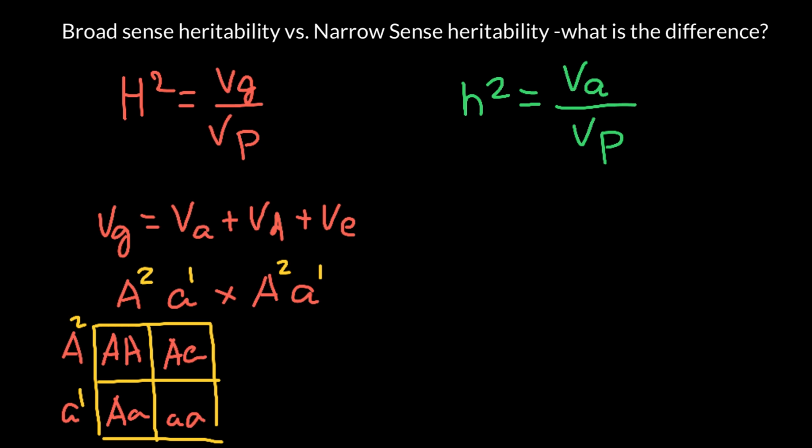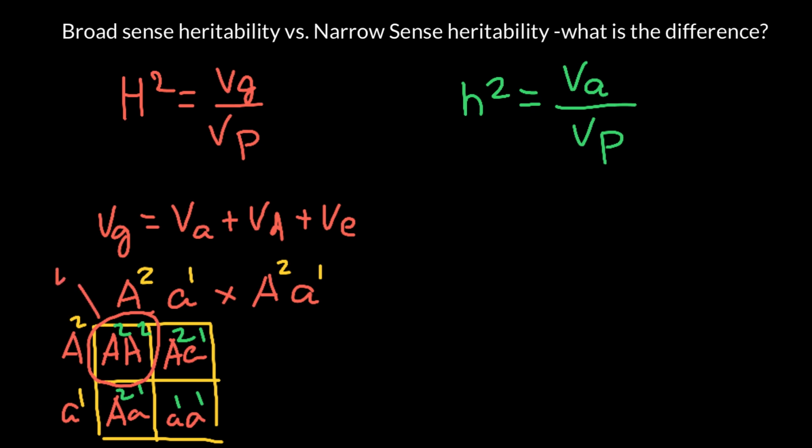And we are going to have here 2 and 2 centimeters, 2 and 1, 2 and 1, and 1 and 1. So we are going to have here 3 distinctive genotypes.